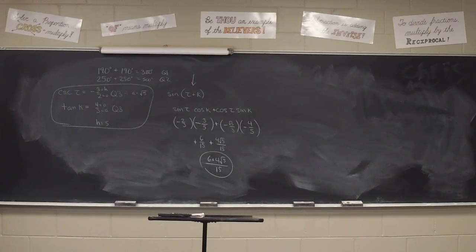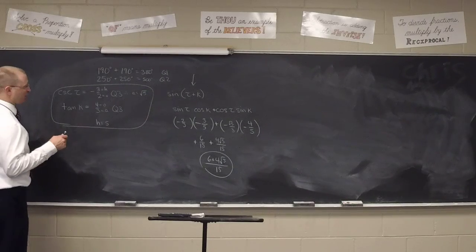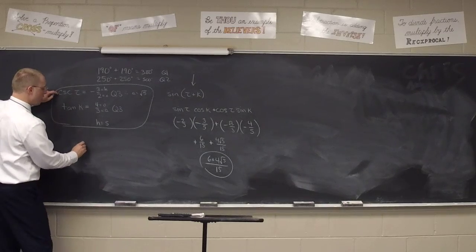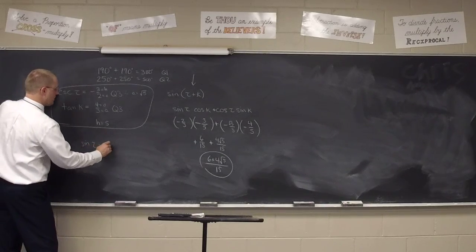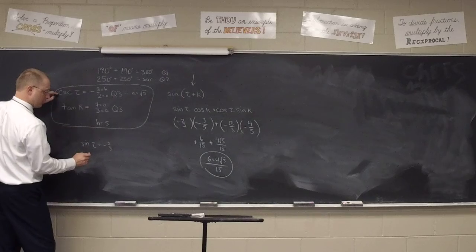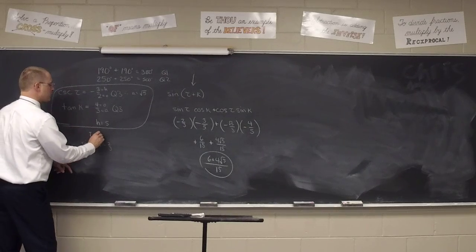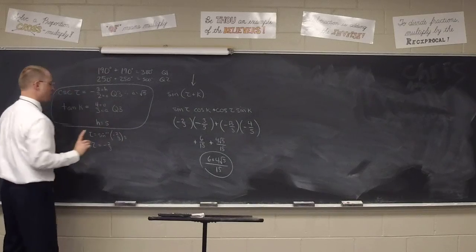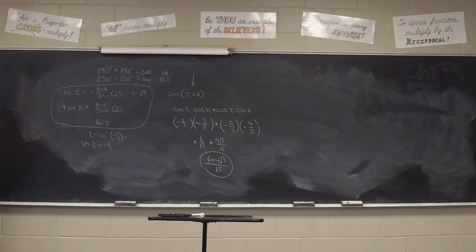Now, I suppose if we really wanted to, class, we could figure out what this actually is. So on your calculators, since I know that the sine of tau is negative 2/3, then tau must be the arc sine of negative 2/3. Take the arc sine of negative 2/3. Negative 41.8.